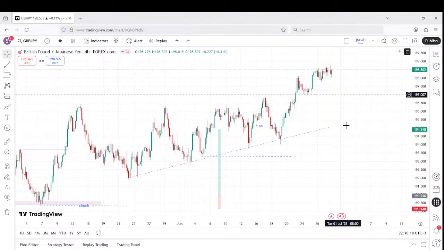So guys, this is what I'm expecting on GBP.